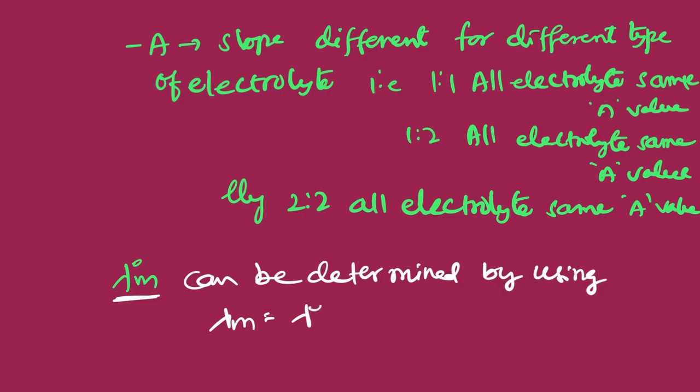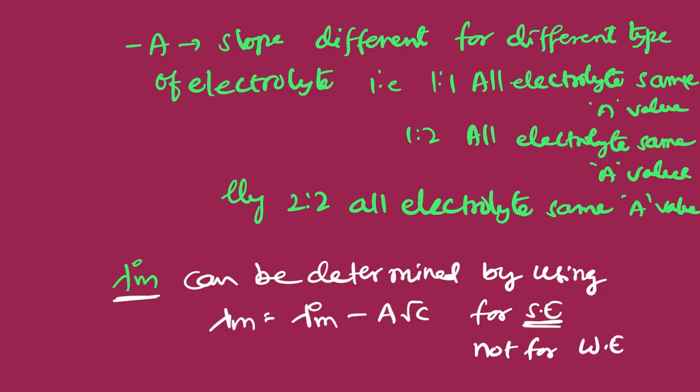Lambda m is equal to lambda naught m minus A root C, for strong electrolytes, not for weak electrolytes. Lambda naught m for a weak electrolyte can be determined by using the Kohlrausch law.